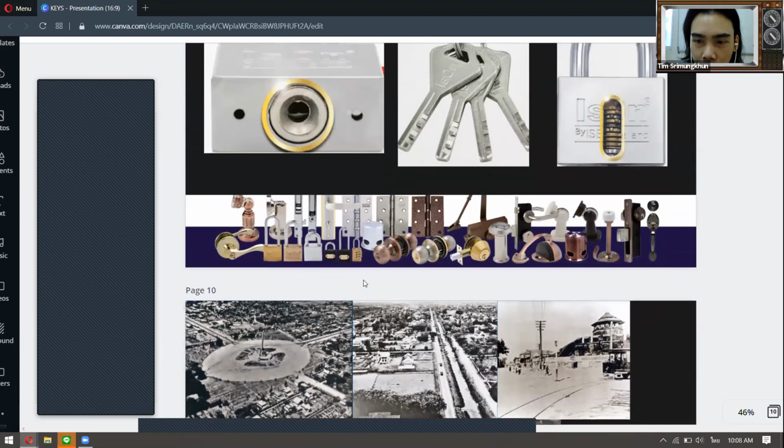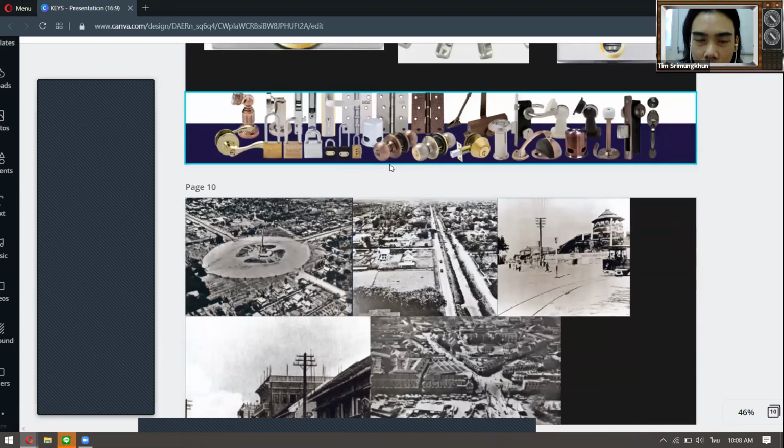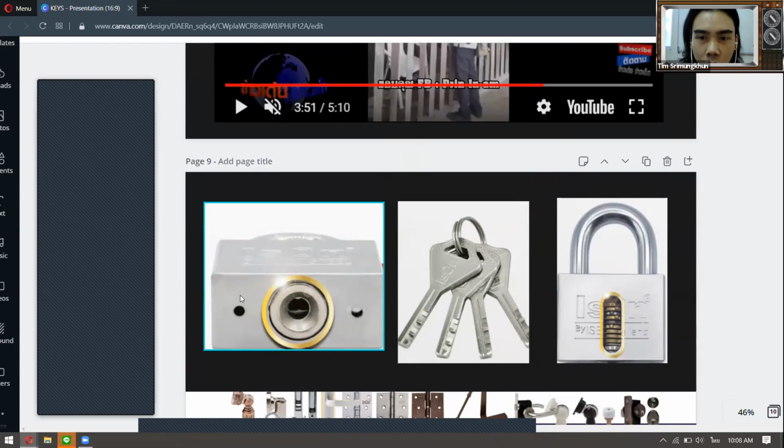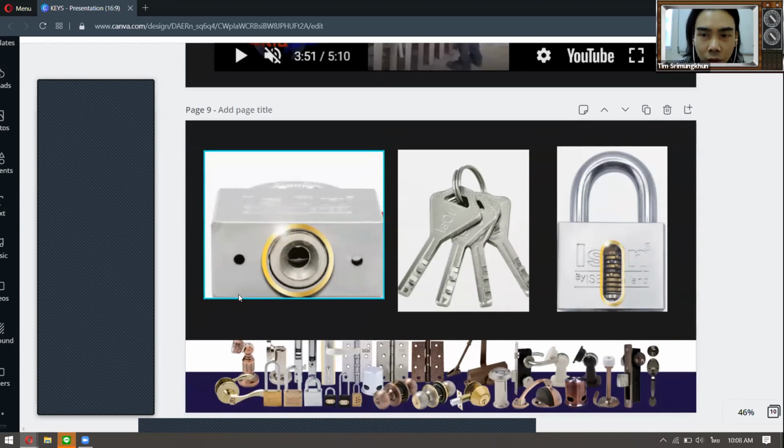But this lock is not produced from 40 years ago. From 40 years ago, there are some more collections from this company that you can see. I think they won't show anymore, but 40 years ago, the lock wouldn't look like this.